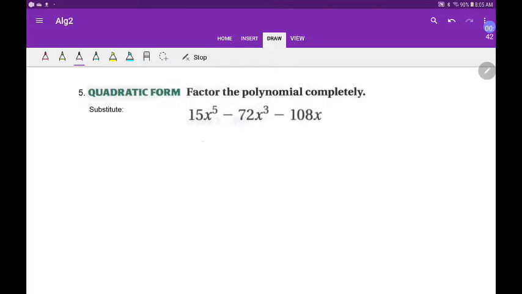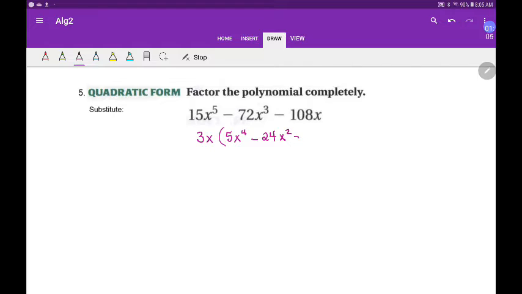First thing, I'm going to take out a 3 and an x. So what's left behind? Well, I have a 5, and I still have x to the 4th, minus the 3 comes out of the 72, and I get a 24. 24 times 3 is 72. And one of the x's comes out, so now I have x squared. And then minus 3.